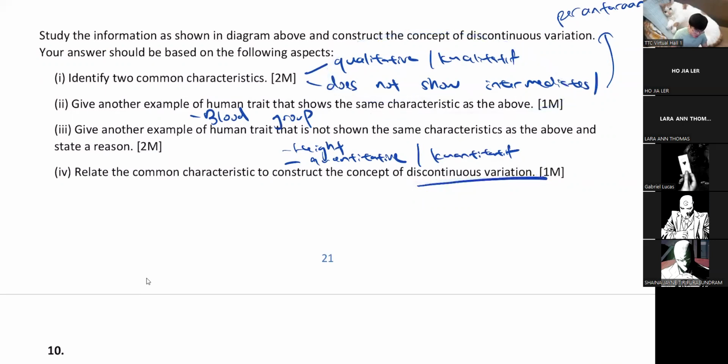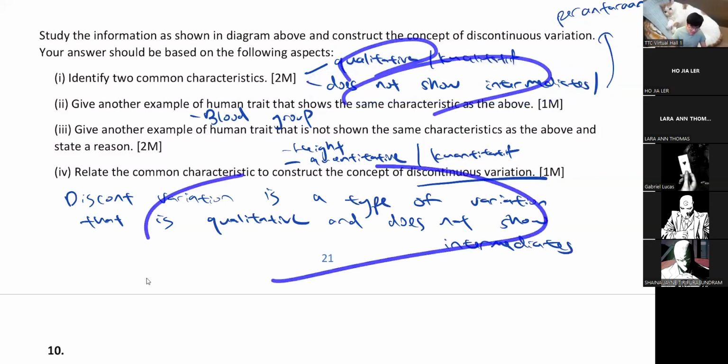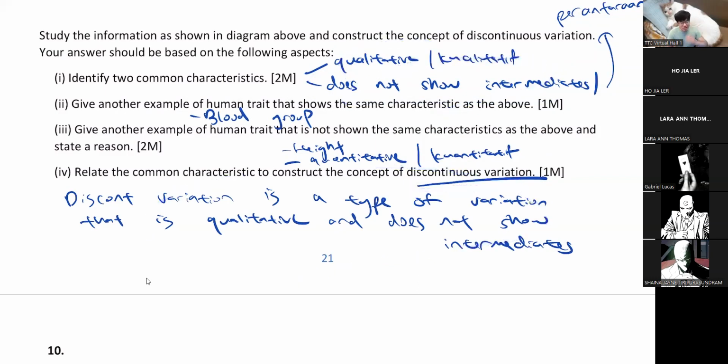So discontinuous variation is a type of variation that is qualitative, first point, and does not show intermediates, second point. That means to use these 2 points to make a sentence. If your characteristic here is wrong, then your whole thing is wrong.